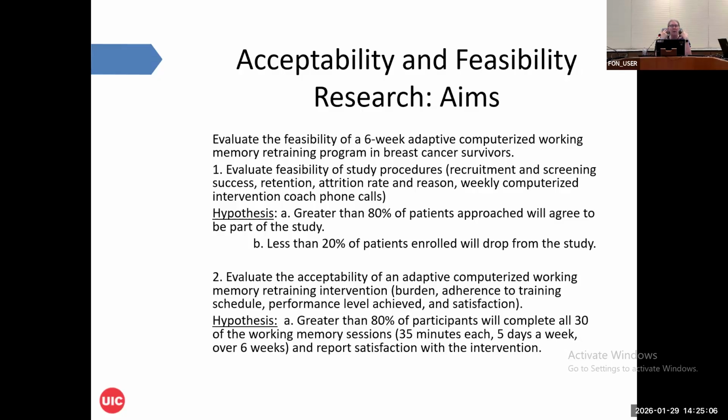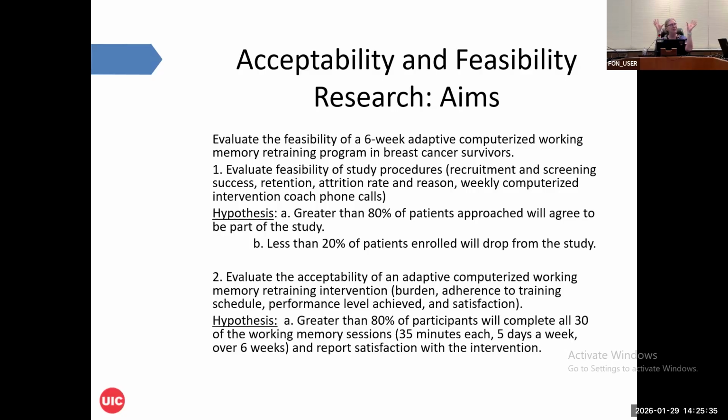And so what we need to do is try to enhance the memory of those who are receiving chemotherapy. So this was a computerized working memory retraining program for women with breast cancer receiving chemotherapy, to hopefully help with some of the memory problems that come with chemotherapy.